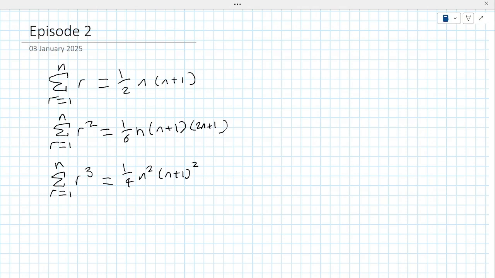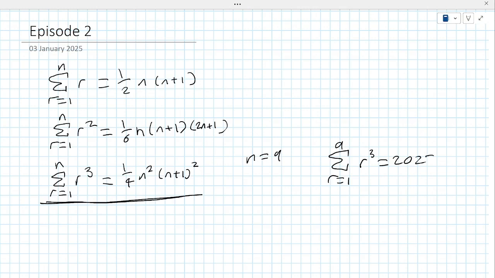So last episode we talked about summation formulas for cubes, which is this right here, and sigma notation. And with that we showed that when n is equal to 9, then the sum of r cubed from r equals 1 to 9 is equal to 2025, the current year, which I find to be an interesting maths fact.